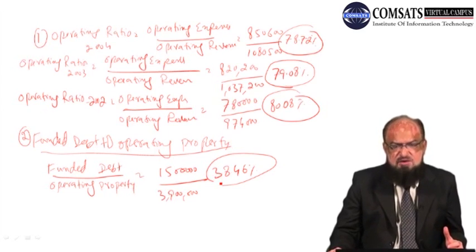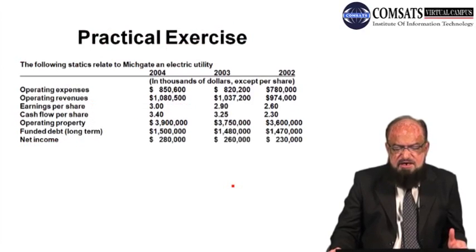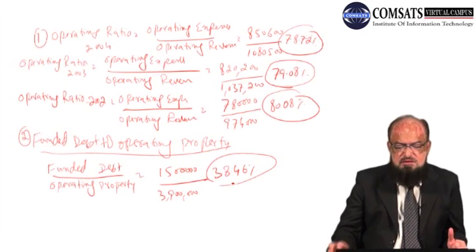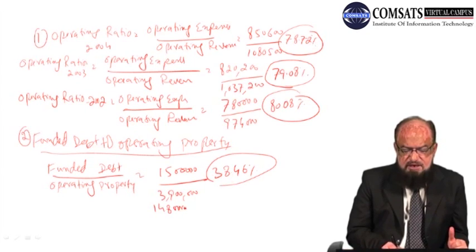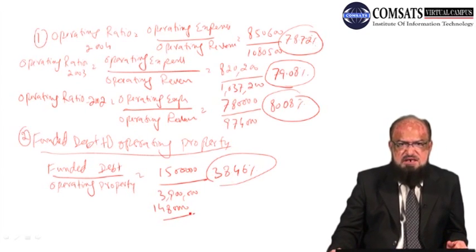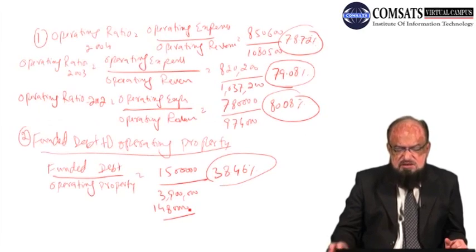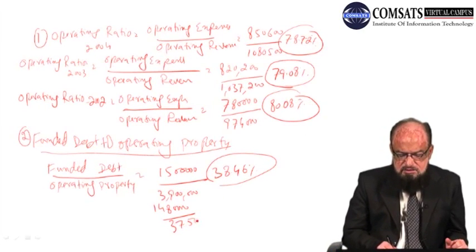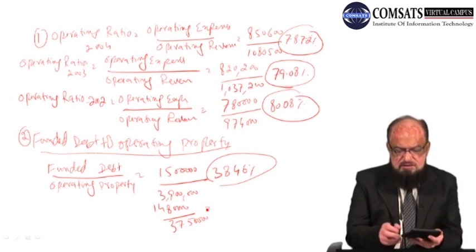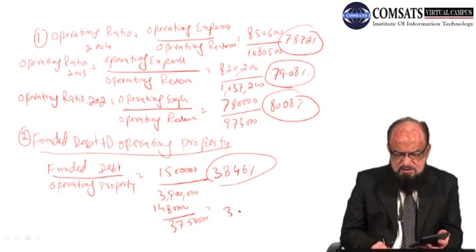Now we will calculate funded debt to operating property for year 2003. Funded debt is given, 14,80,000, divided by operating property, which is given in the question, $37,50,000, multiplied by 100. 14,80,000 divided by 37,50,000 multiplied by 100 is 39.467%.